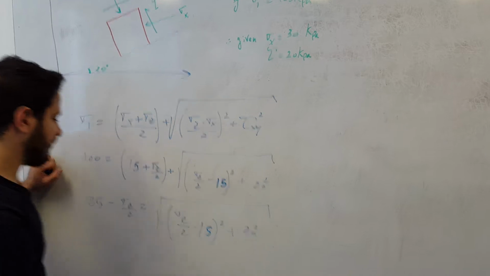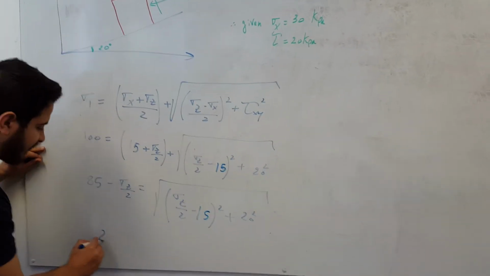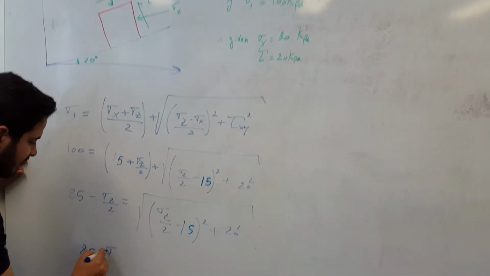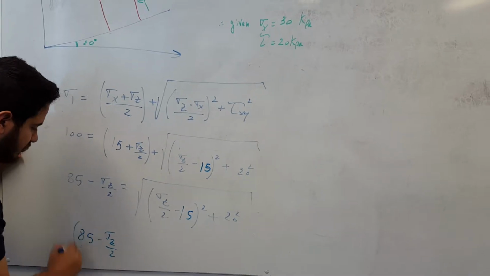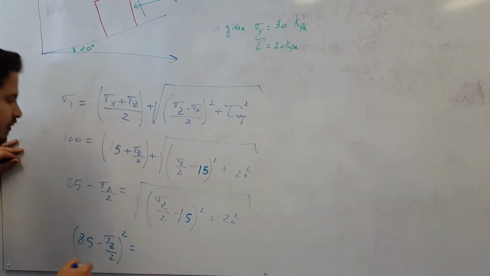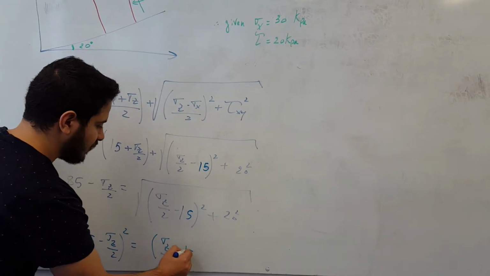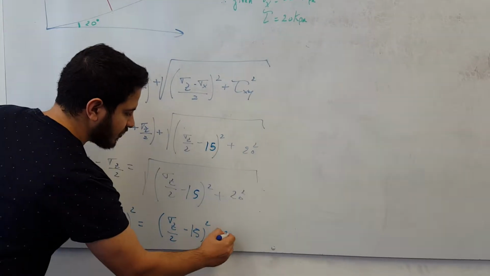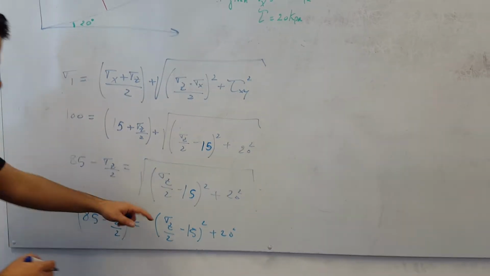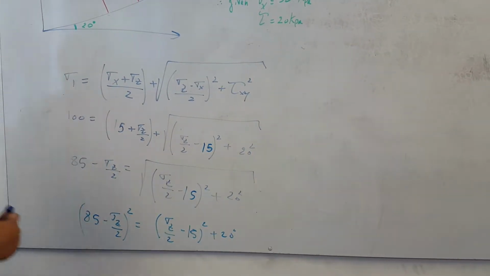Now if you take both sides squared, so we have 85 minus sigma z over 2 squared equal to sigma z over 2 minus 15 squared plus 20 squared. Now you can expand this.